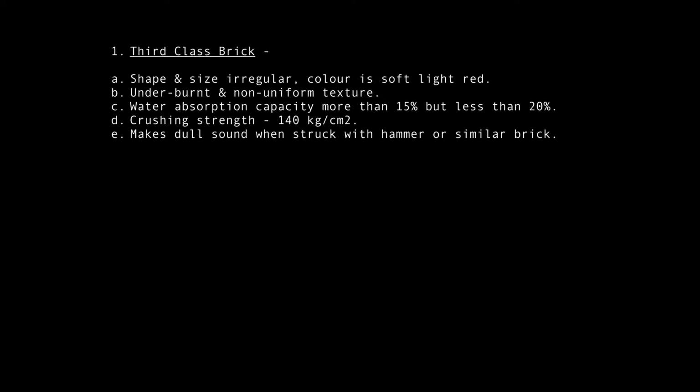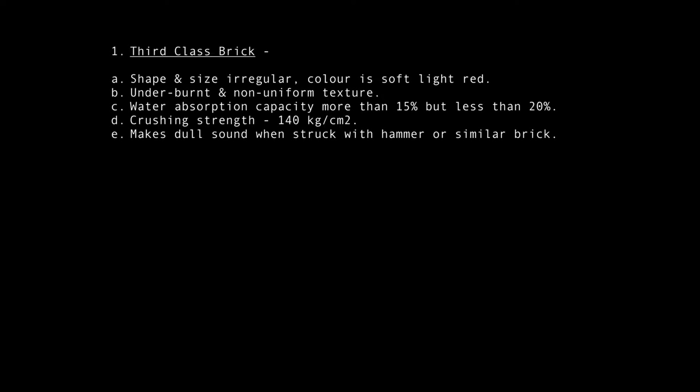Texture is also not uniform. They absorb a lot of water. So again, you cannot make a very good wall, or a wall which has a lot of strength, using these bricks. Their crushing strength is also the lowest, and these bricks don't make this metallic sound. They make a very dull, or blunt sound when you strike them.